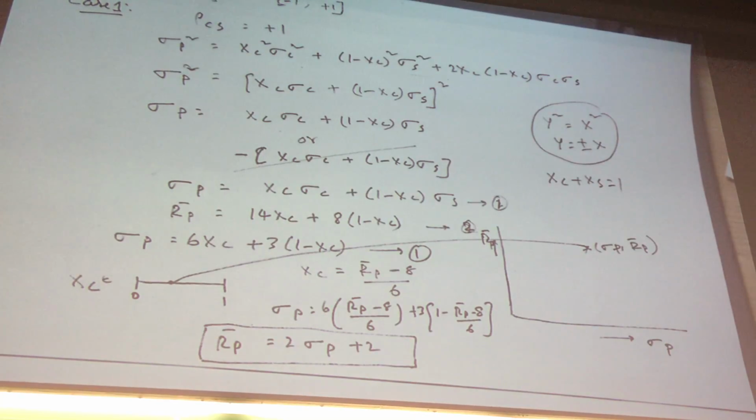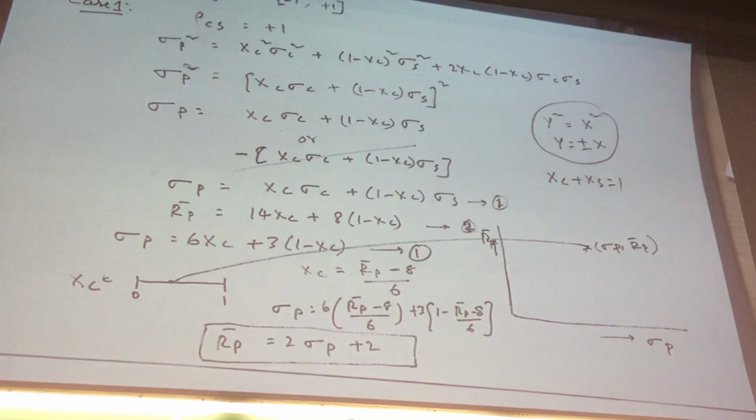Okay? So now, here is the analogy. What is your investment strategy here? What do we mean by investment strategy? You have, let us say, £1 million and you want to come up with an investment strategy. In this case, investment strategy is nothing but how much money you are going to invest in the first asset and how much you are going to invest in the second asset.